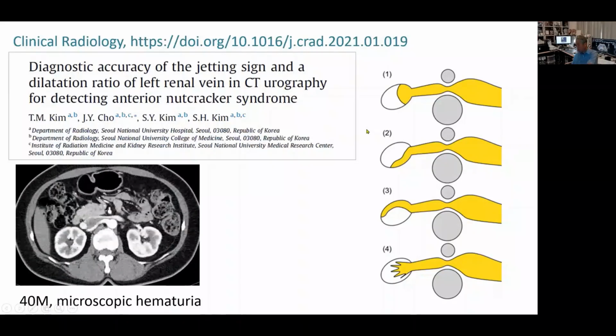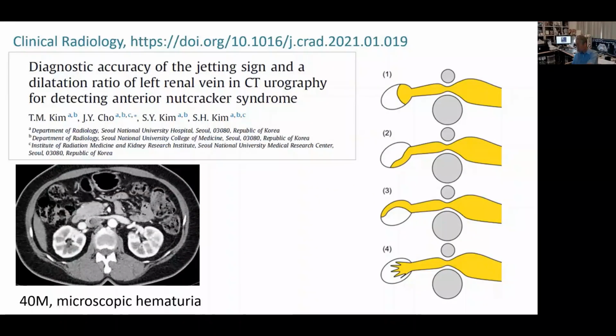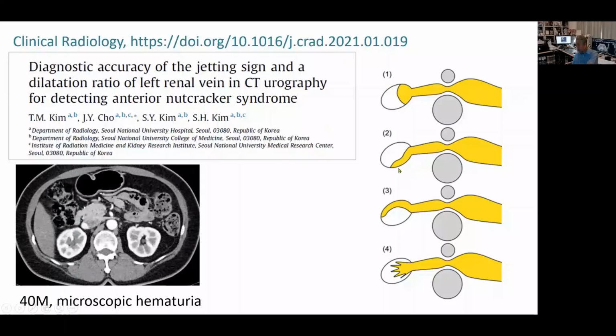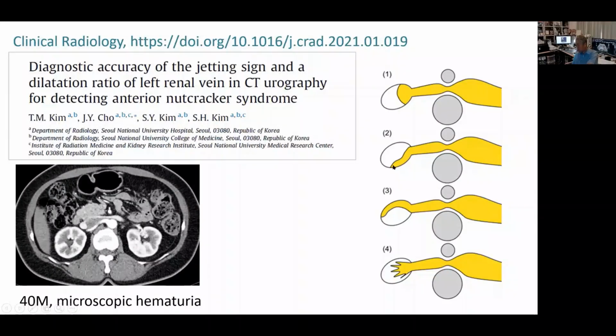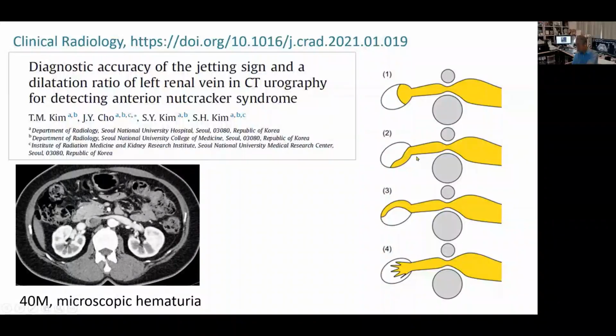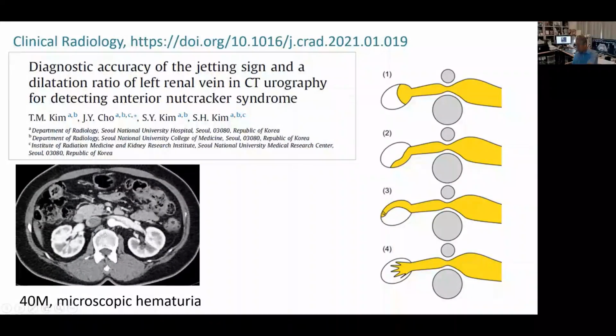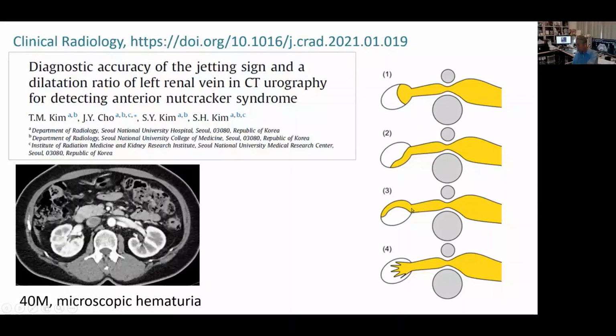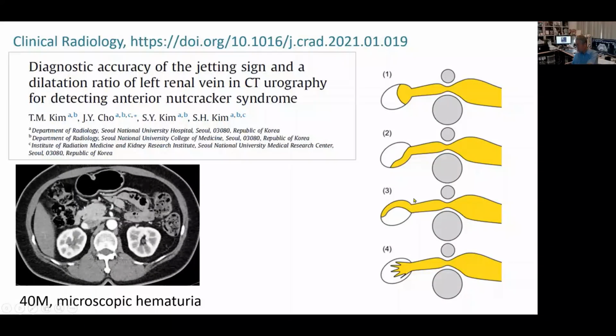Two more patterns are flow of heavier contrast-opacified flow. One is along the dependent posterior margin of the left renal vein and inferior vena cava, indicating slow flow, and the other is along the non-dependent anterior margin, indicating faster flow.